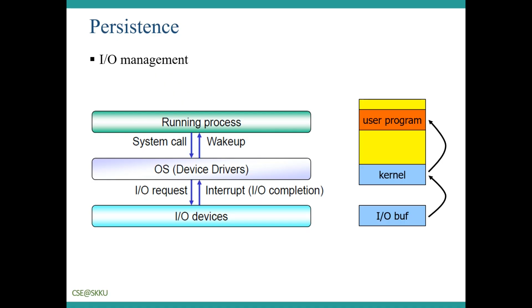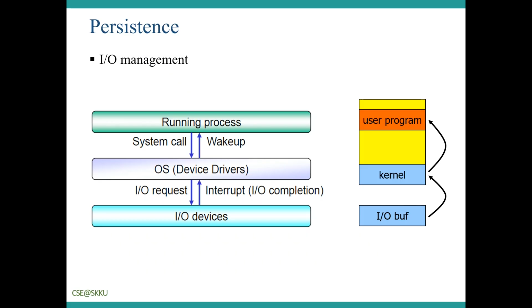This figure shows how an I/O request from a user program gets handled by the system. When a program wants to do an I/O operation, it makes a system call, which hands control over to the OS. The OS then uses a device driver to pass the request down to the hardware device, so it can do the actual work.